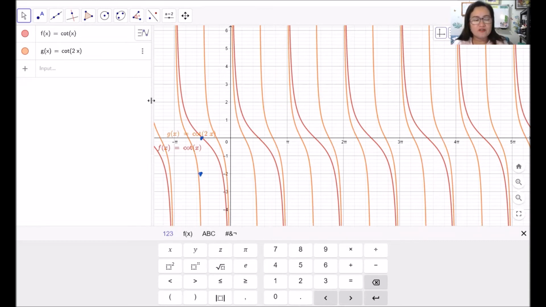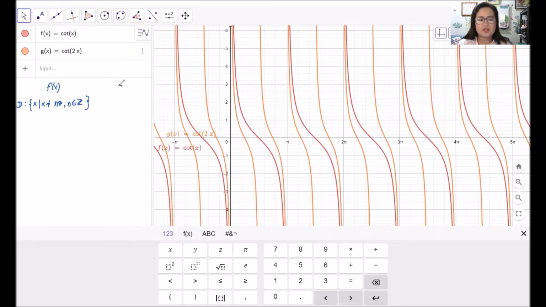Now, what if we change the value of c? From 1, we have 2. So from cotangent x, we have cotangent 2x. If we have cotangent x, remember that the domain is the set of all x such that x is not equal to n pi, where n is an element of the set of integers.